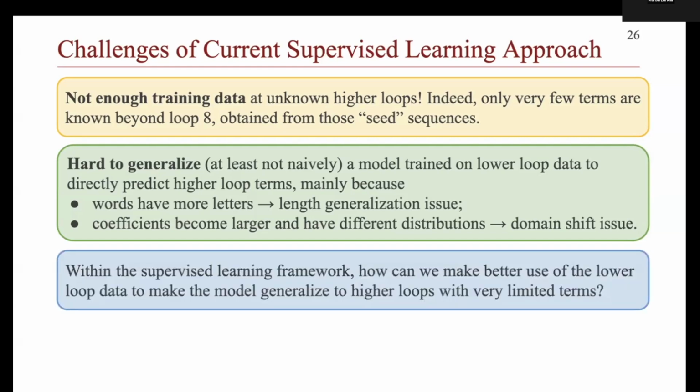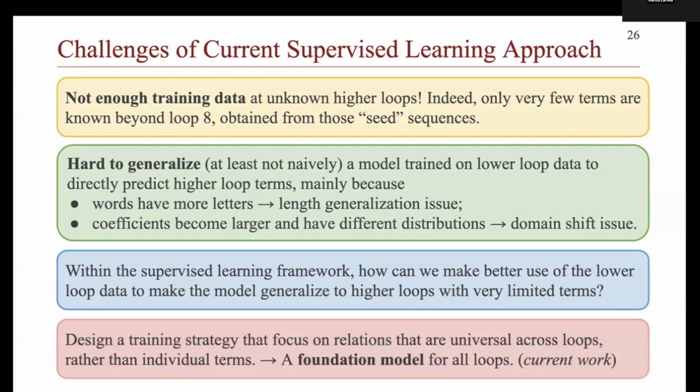So the question we want to ask is, within this supervised learning framework, is there a better way to utilize all the data we have so that we can train a model to easily generalize to higher loops? One initial thought we have is that we can design a training strategy that is focused more on the relation data itself that we know is valid across all loops, instead of just focusing on the individual terms as we are doing now.